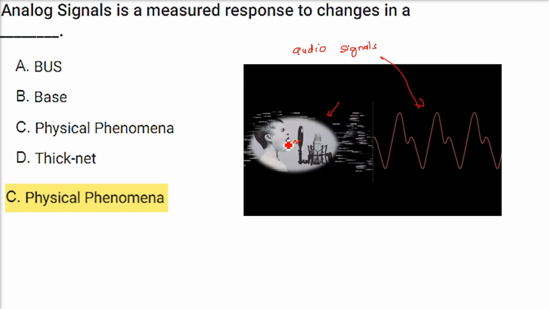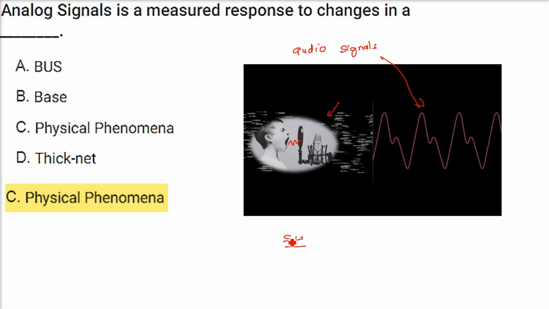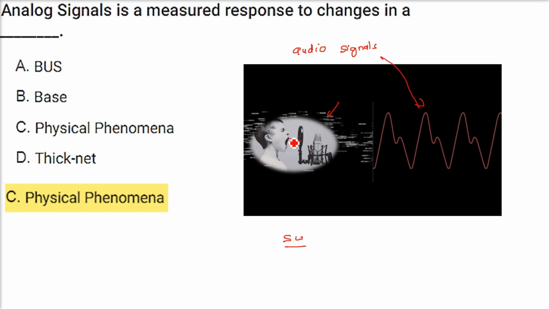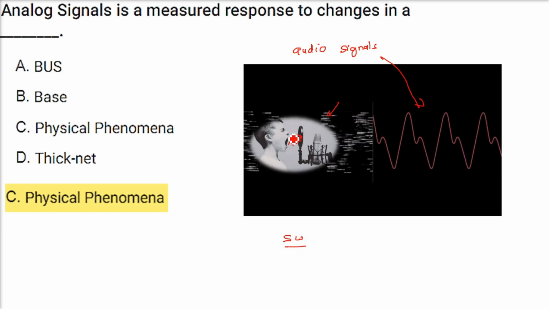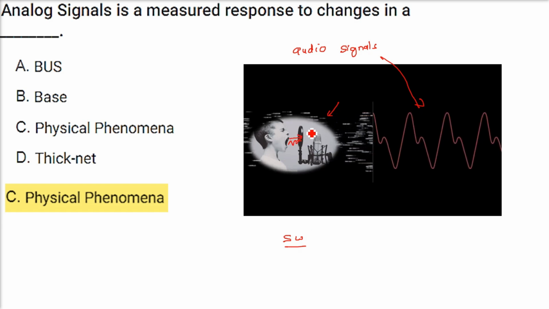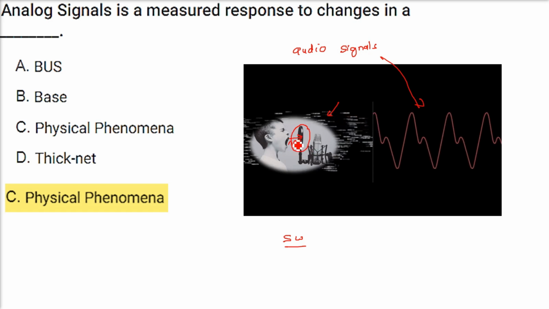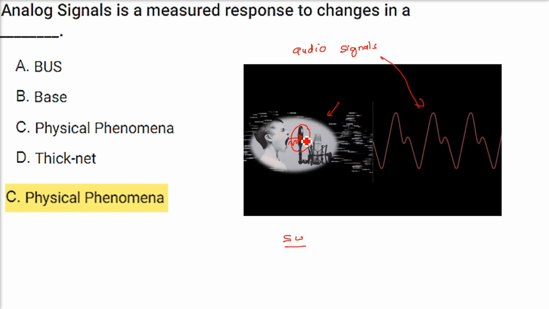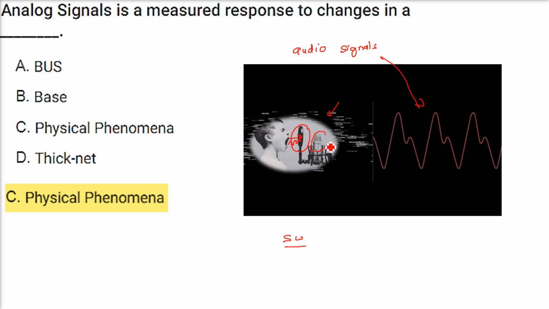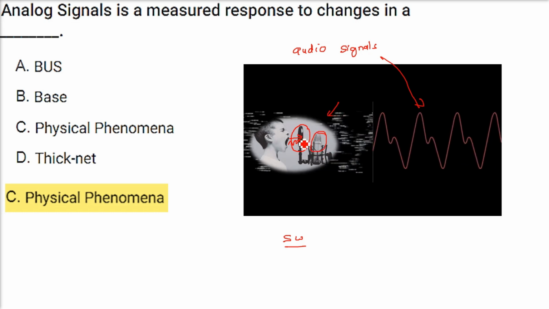And the physical wave phenomenon here is the sound, the air, the sound waves, which are carrying the energy produced by your mouth. Alright. So the more pressure you give on the mic, the more pitch, more loudness, and more amplitude the signal will have.